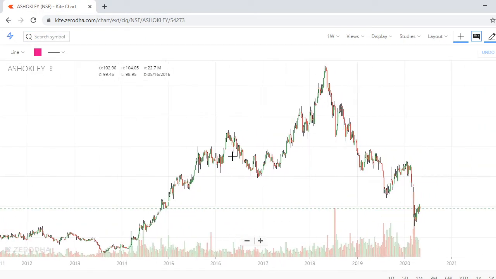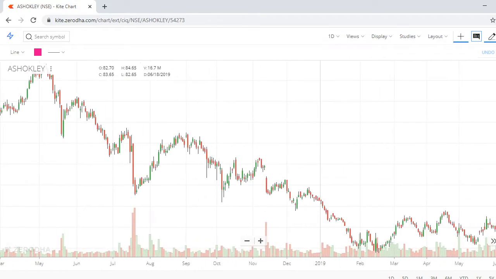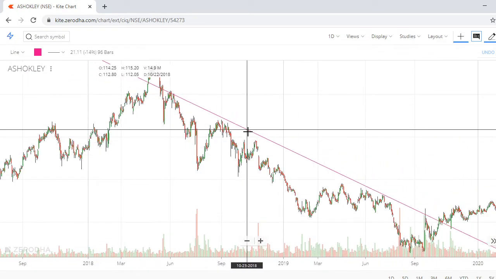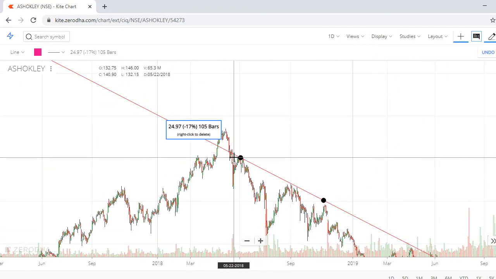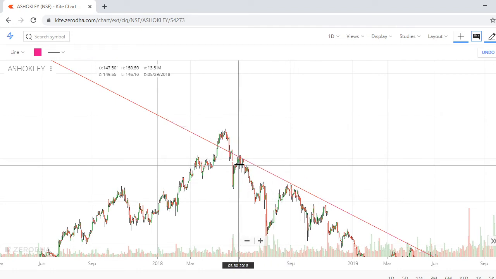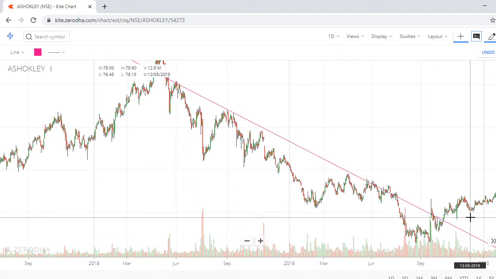Now if I look at the Ashok Leyland daily chart, see, there is a solid downtrend that started somewhere around, let's suppose I join these two. Okay, it started in 2018, still continuing.